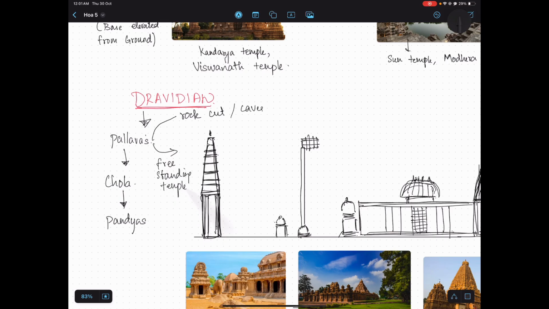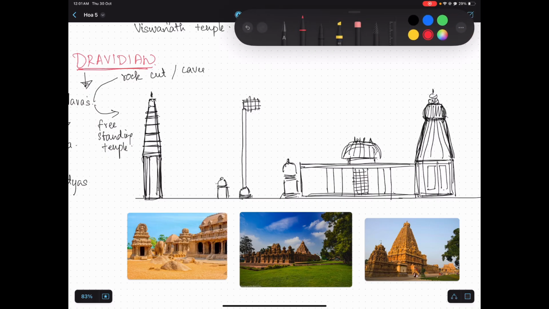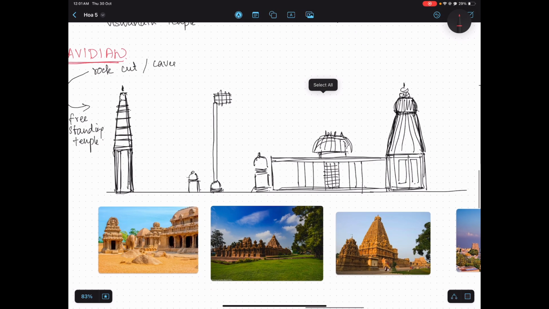Now, before diving deeper into that, let me talk about the typical features of a Dravidian architecture. The entrance gate mostly has a huge pyramidal roof on it, which is called the Gopuram.